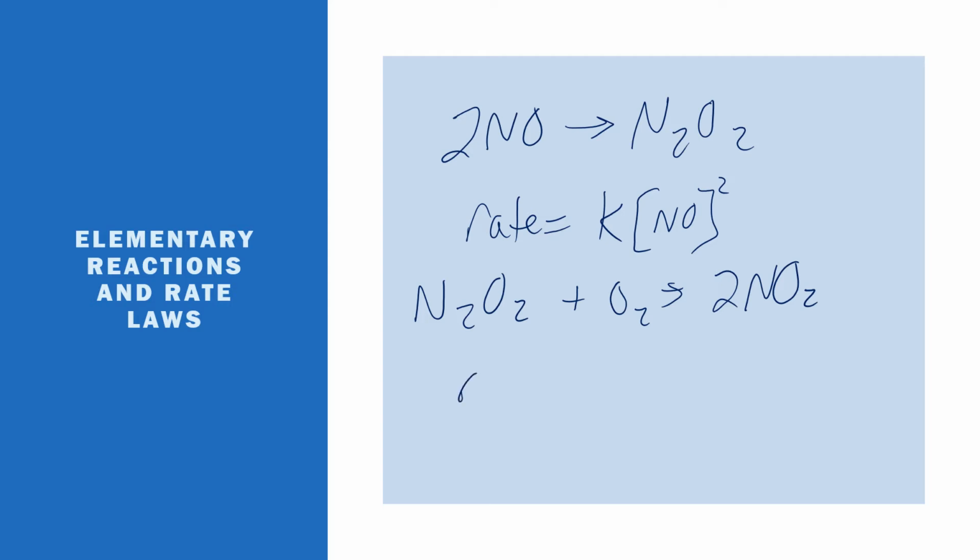So your rate law for this would be k[N2O2][O2], just like that. Now again, I'd have to tell you it's a single step or an elementary reaction in order to be able to do that. If they don't give you that information, then you cannot use the balanced chemical reaction to find the rate law. You would have to use experimental data or other information to write the rate law.